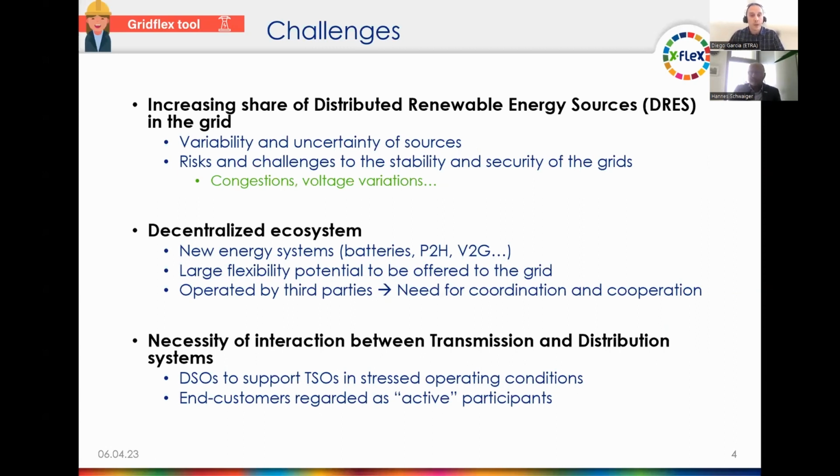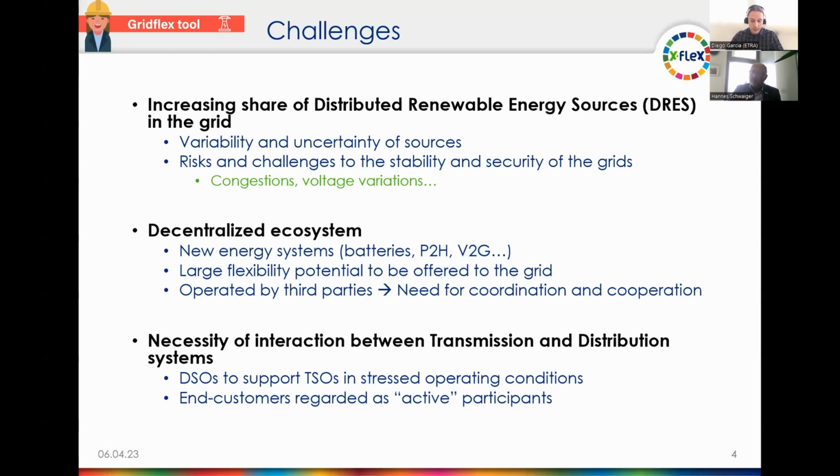We can continue by taking a look at the challenges that we faced previous to developing the tool. So we have summarized them in these 3 points. First of all, there's an increasing share of distributed renewable energy sources in the grid, which introduce some variability and uncertainty.